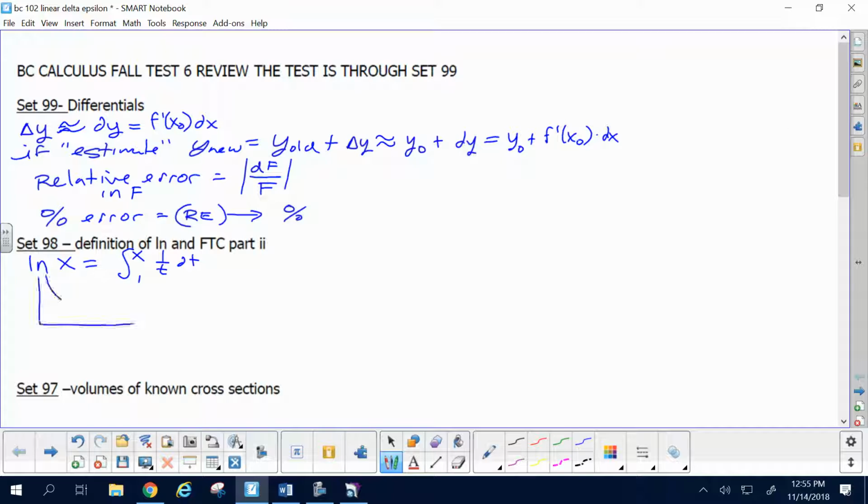In other words, if you take the 1 over t curve and go from 1 up to any point, that area equals the log of x. That makes sense, because the antiderivative would be log of x minus log of 1. What's log of 1? 0. So it makes sense.